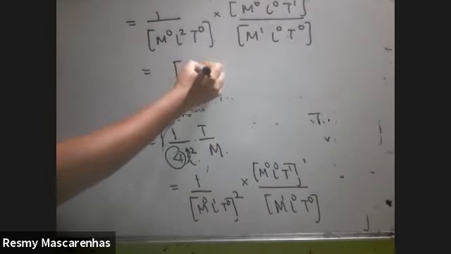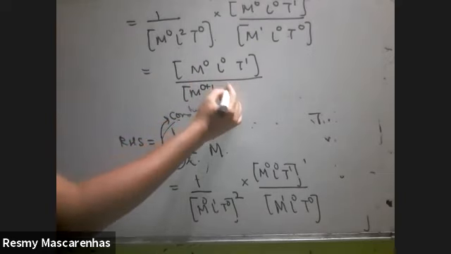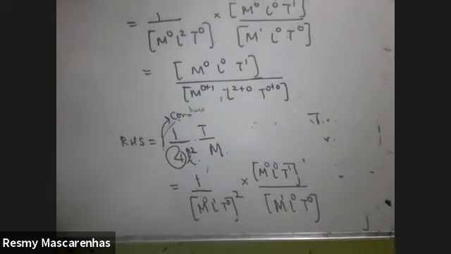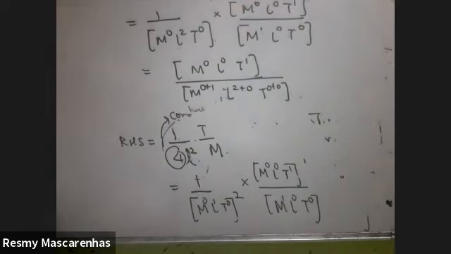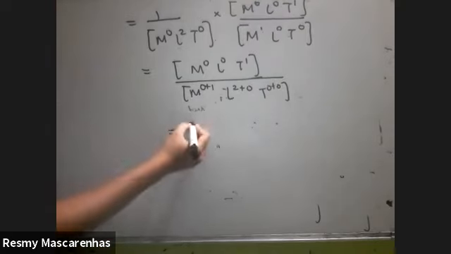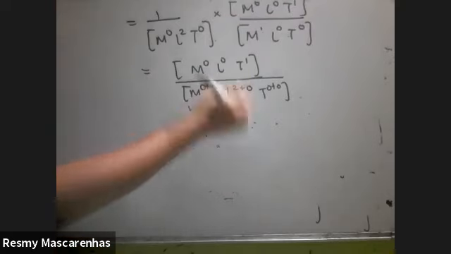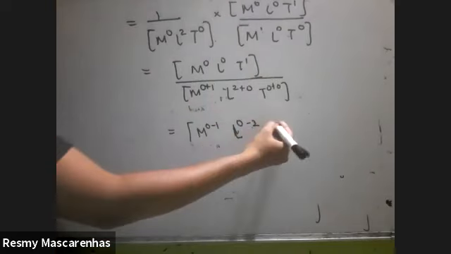The numerator I'll keep there only, and these powers will get added. Both the ways will get the same answer. Now take this up. This will go up, become -2.